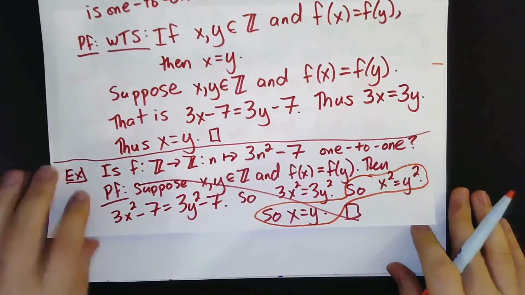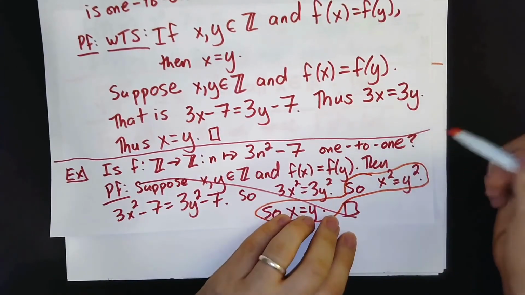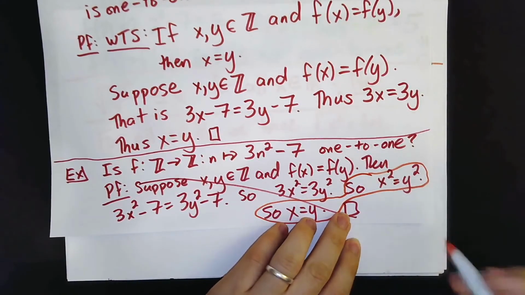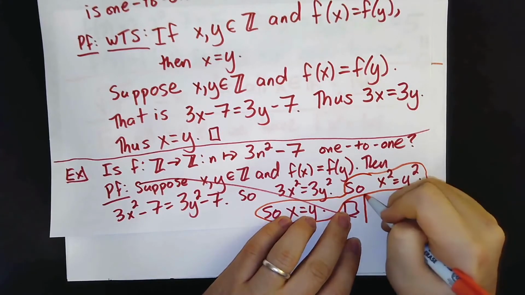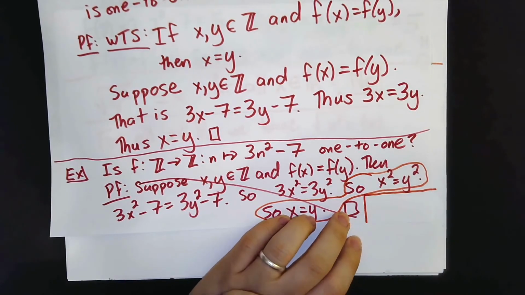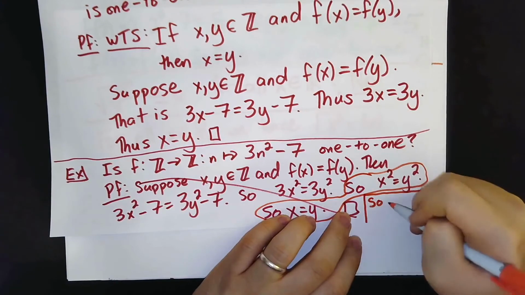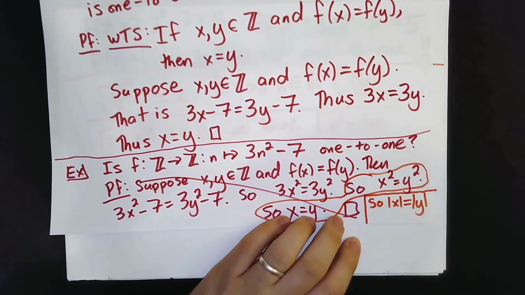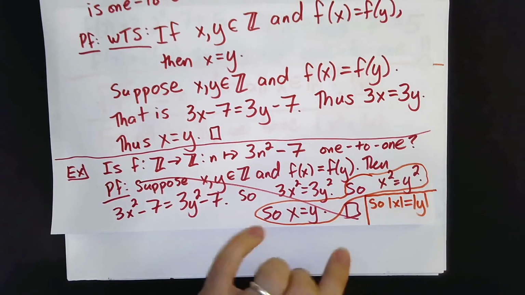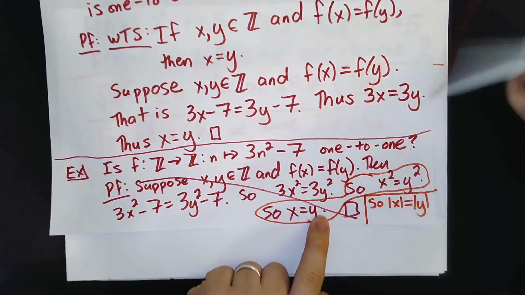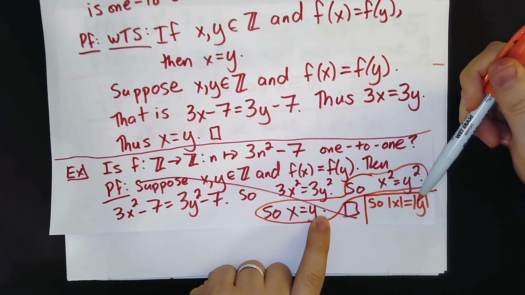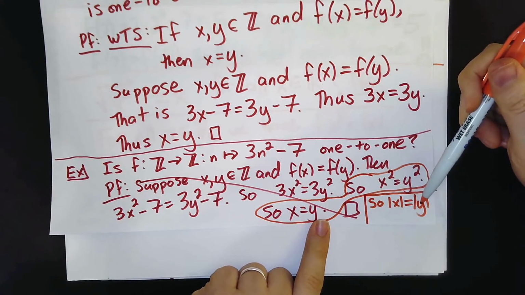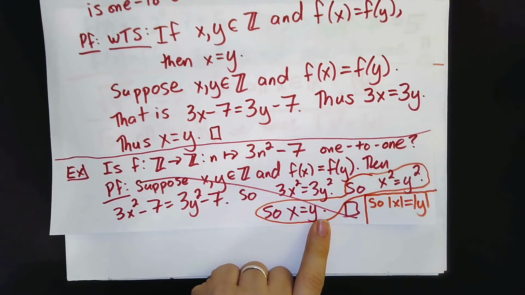So, if you had been thinking about this correctly, when you got to x squared is equal to y squared, you would be quite welcome to take the square root of both sides, which would tell you that the absolute value of x is equal to the absolute value of y. But then you have to be careful, because knowing the absolute value of x is equal to the absolute value of y does nothing to tell you that x is equal to y. So the moral of the story is that we must use caution.